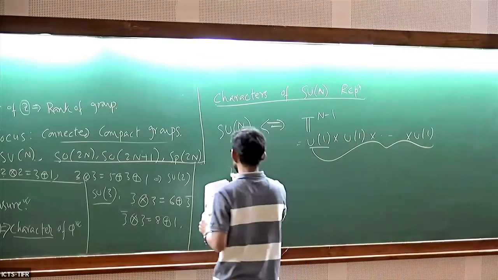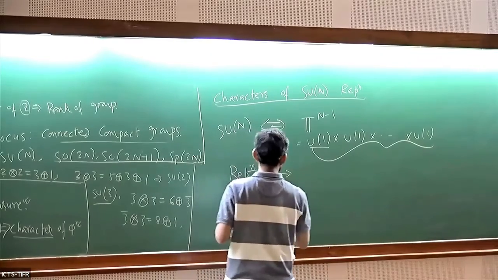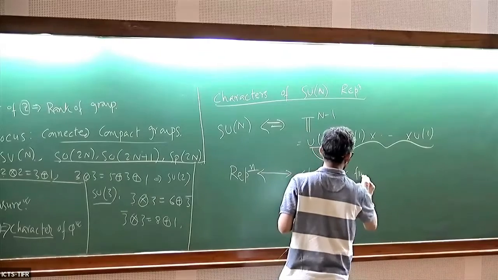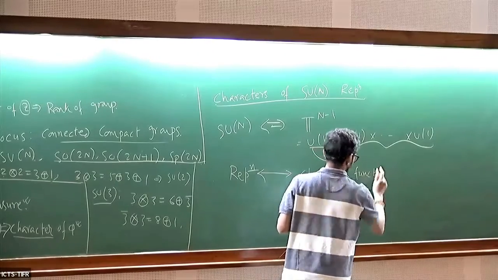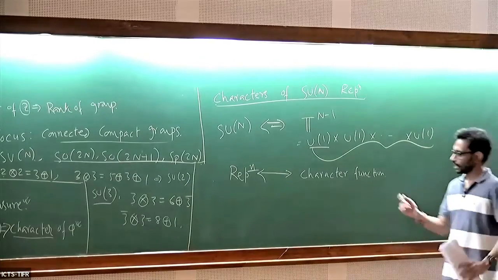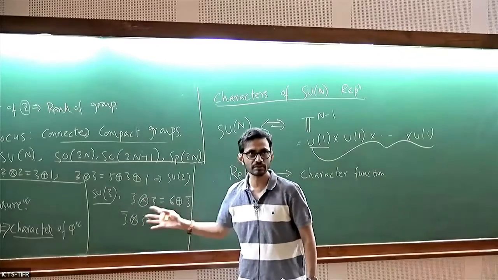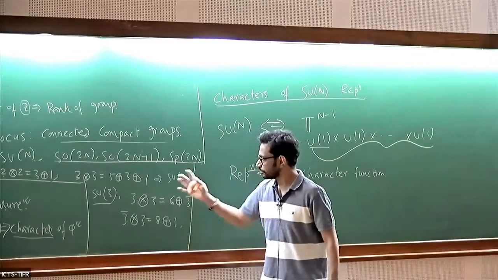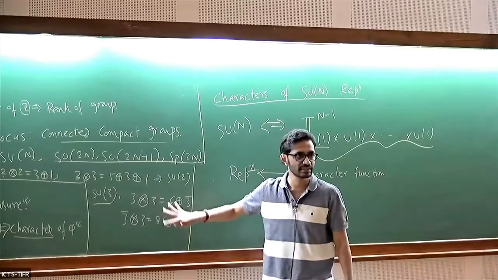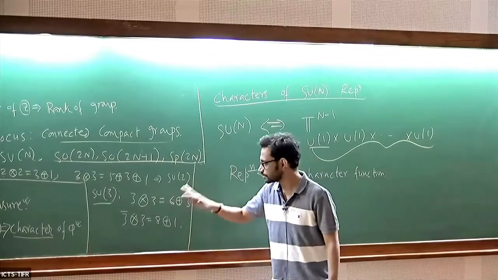So the target would be to set up the relation between the representations and the character function. Because we have seen that we used to deal with the representations when we have a better handle over the Young tableau, right? But we cannot certainly do this here because it's very tedious and almost erroneous, I would say, sometimes.